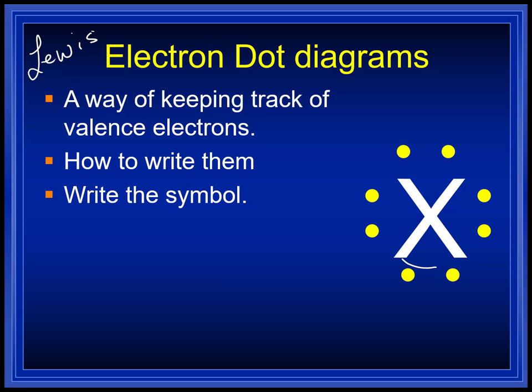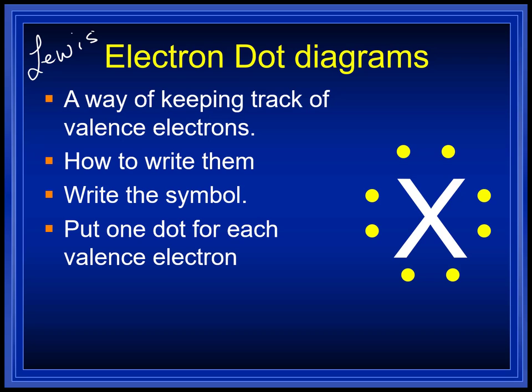I wrote a big X. There is no element X, but that's where the symbol would go. And then you put 1 dot for each valence electron. The only question is, where do you put them?